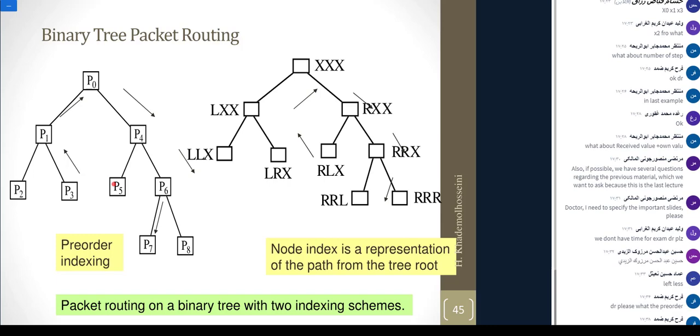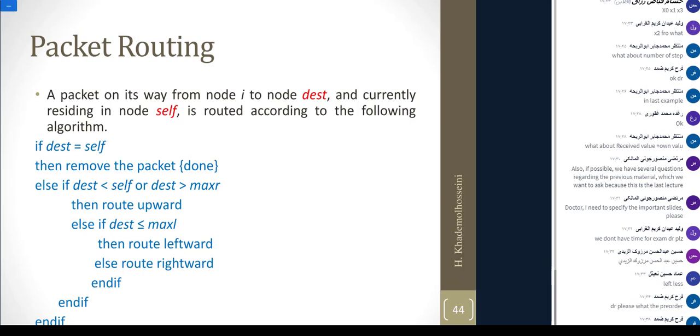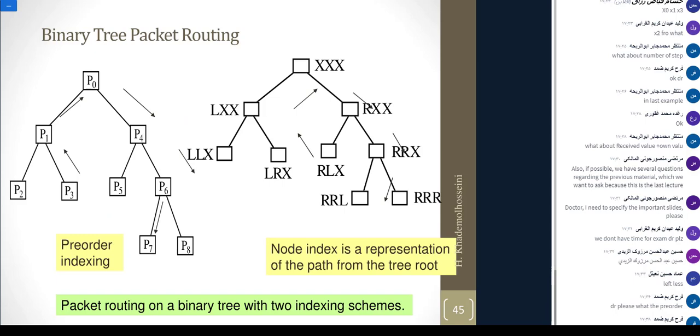For example, we said that dest is less than self. For example, dest is 0 and self is, for example, P1. Then we must go upward. Am I right? For example, we want to send from P2 to P0, and now we are in P1.